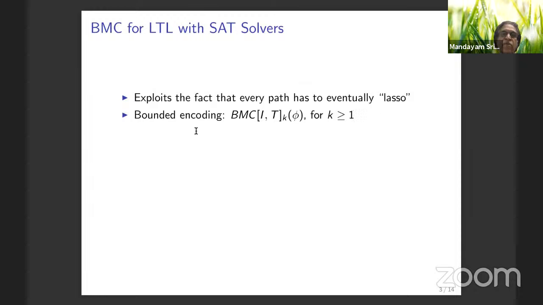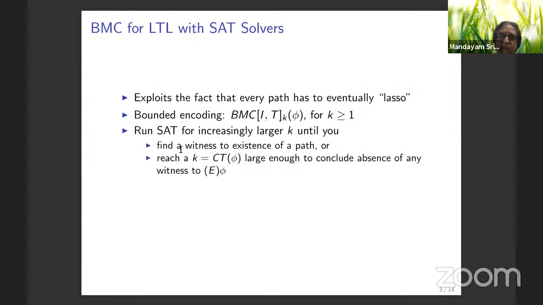So we do bounded encoding to show an absence of counterexample up to a certain length. Given a Kripke model, that is a transition system, an initial state, and an LTL formula, we encode this for some k into a propositional formula.